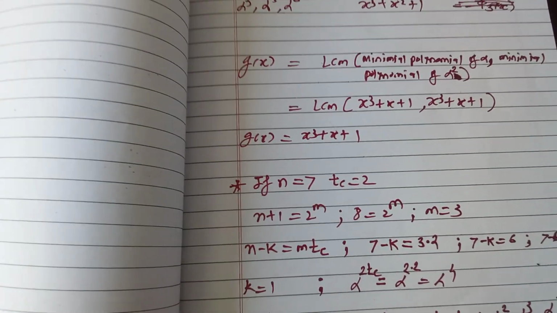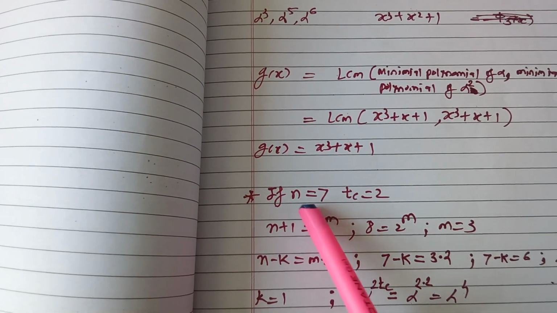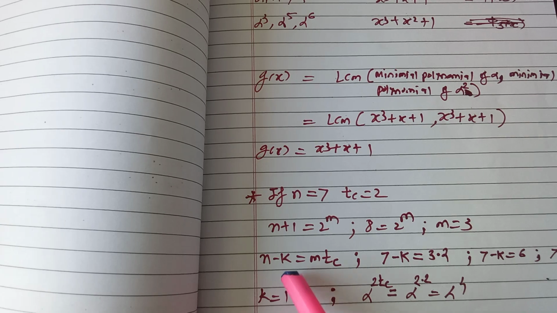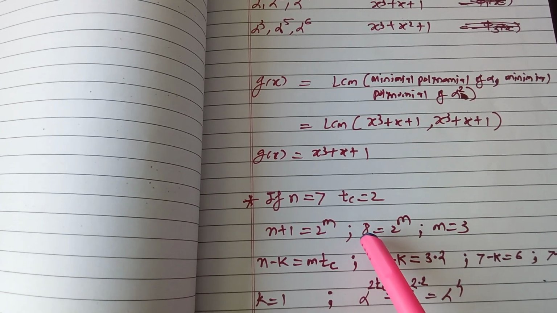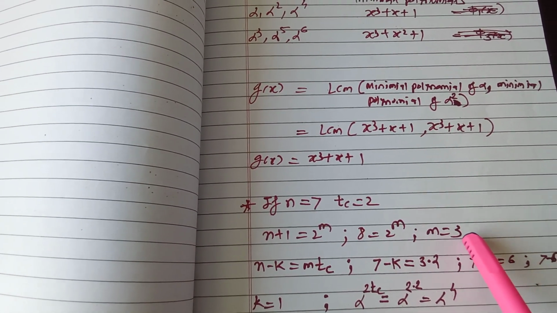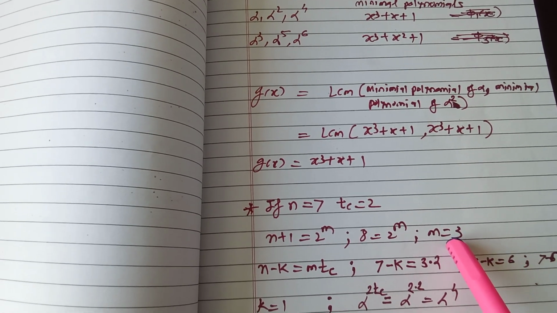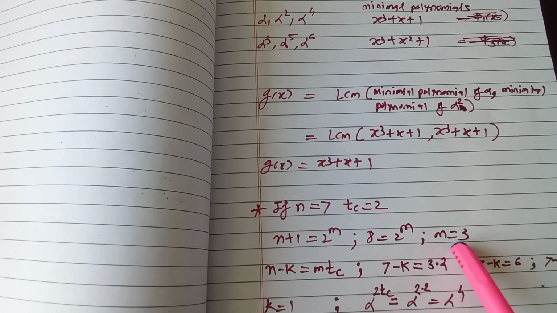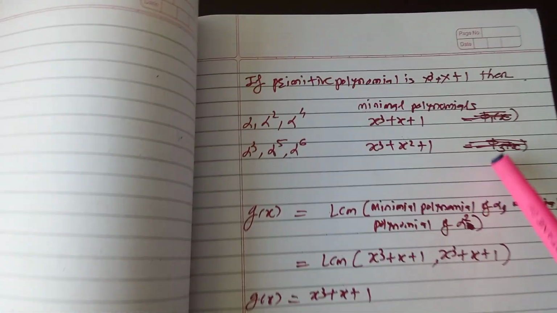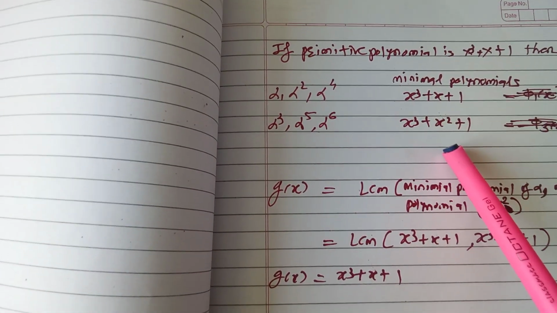Let us take the second case, that n equal to 7, tc equal to 2. So n plus 1 equal to 2 raised to m. So 8 is equal to 2 raised to m, m is equal to 3. So you are going to use Galois field 8. Why is this m important? Then only you can use this table.